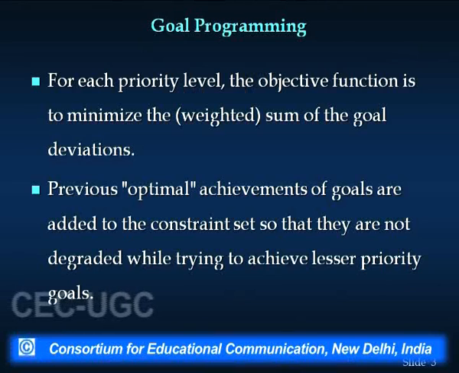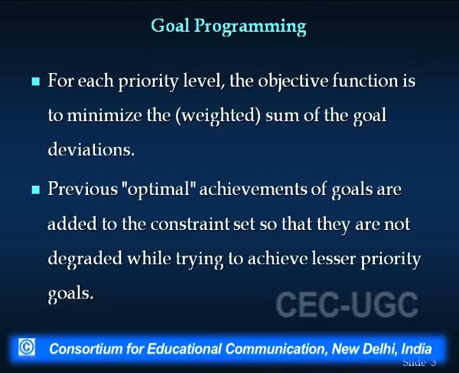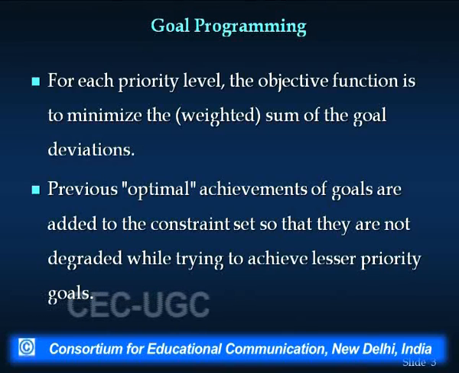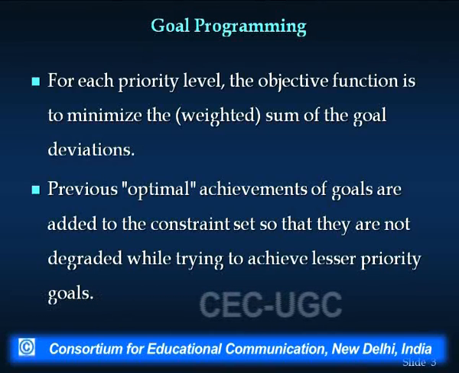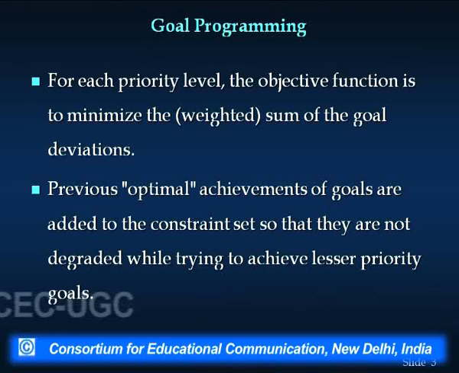For each priority level, the objective function is to minimize the weighted sum of the goal deviations. I said these deviations are not accepted, but while solving a problem, they do come into the solution.